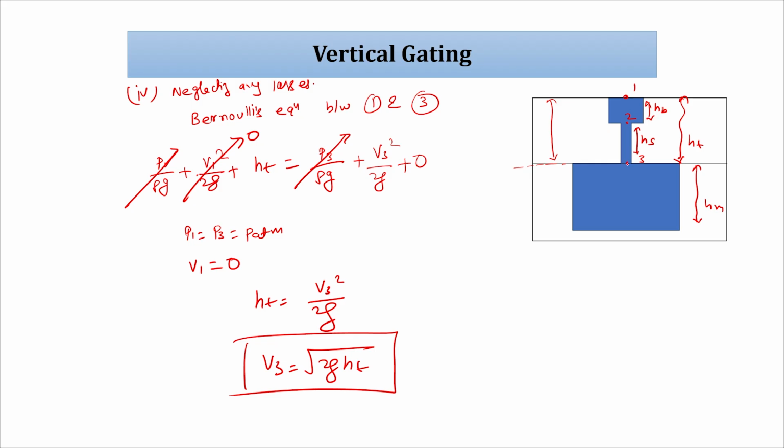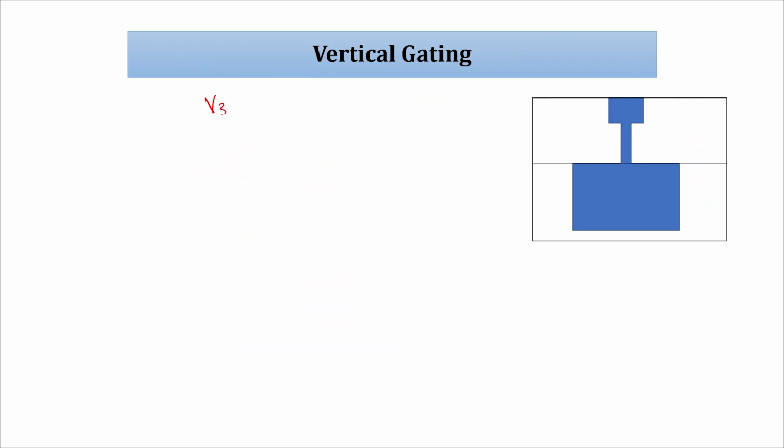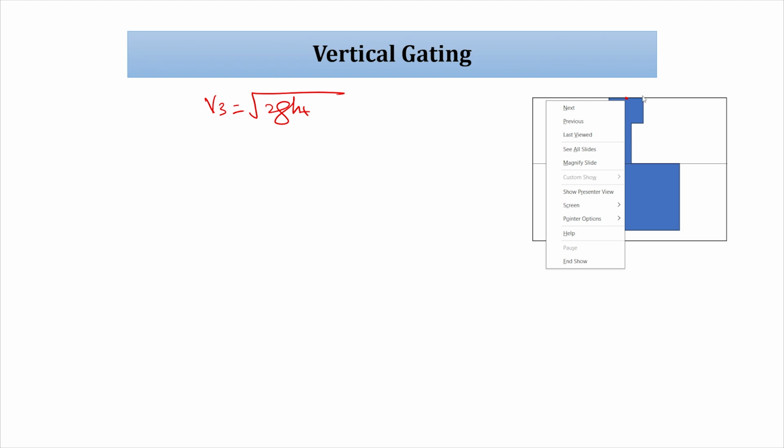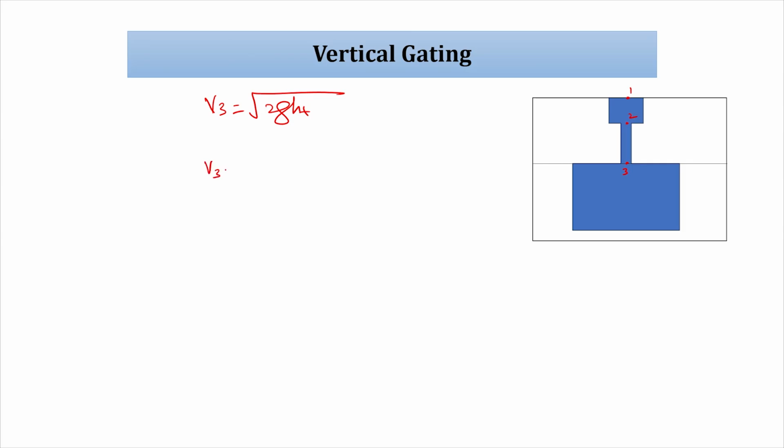V3 here, what is the velocity? Root 2g HT, like free fall. Any doubt? And what is V3? V3 is the velocity of the ingate. Here 3 is behaving as an ingate, the sprue bottom is behaving as an ingate.